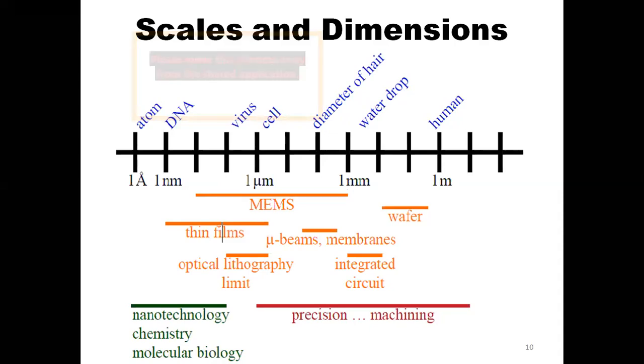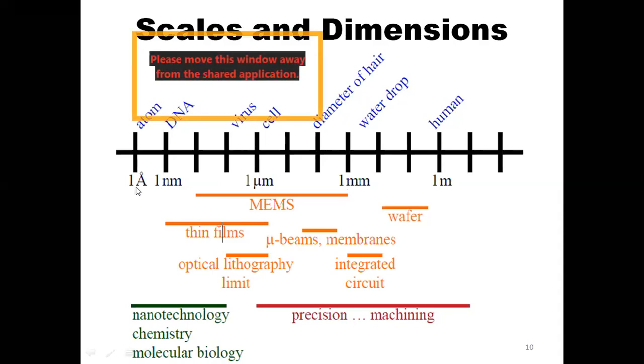Living things' DNA is 1 nanometer and the atom size is 1 angstrom. The MEMS ranges from a few nanometers to 1 millimeter. This is the domain of the MEMS in which we are producing microelectromechanical system devices.